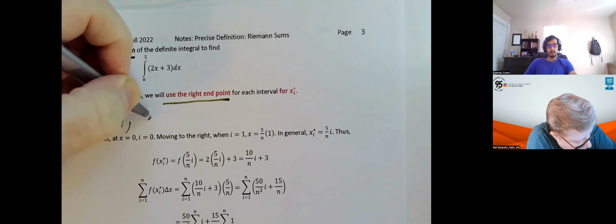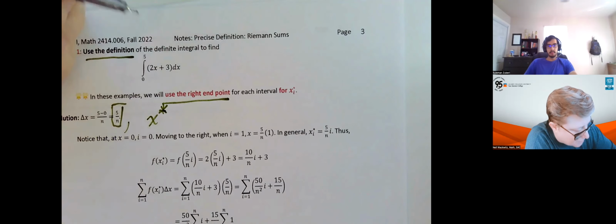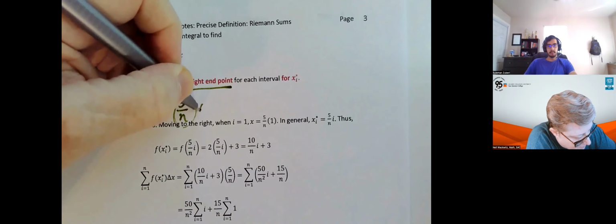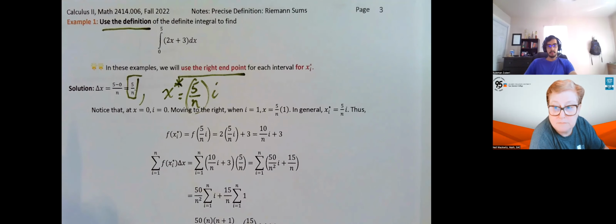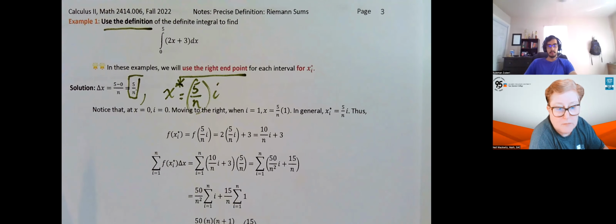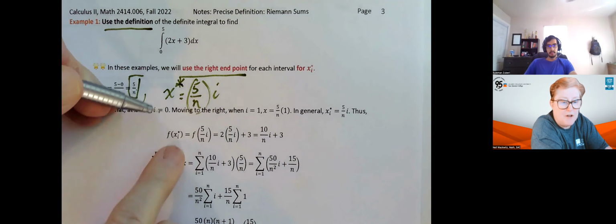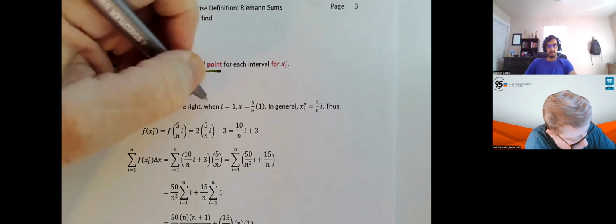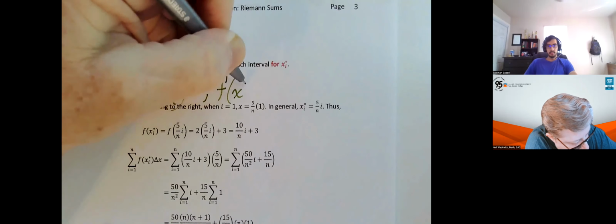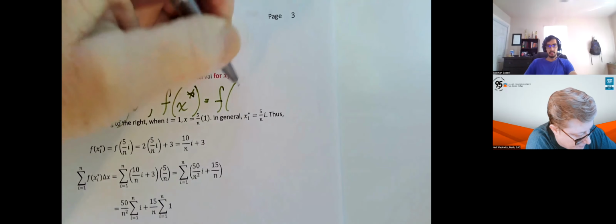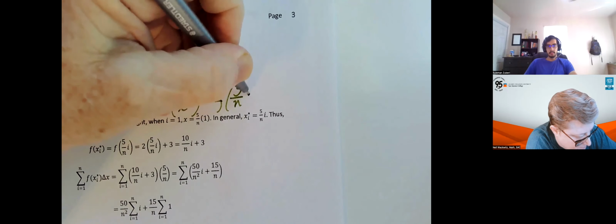So when we're looking for x star, we're going to be using the right endpoint, which is what we've done all along. So here, delta x is 5 minus 0, that's b minus a, over n, where n is just a number. So we get 5 over n for the delta x. That means that x star will be 5 over n times i. So we're going to plug this value into our function. We have f of x star, well, that's f of 5 over n times i.